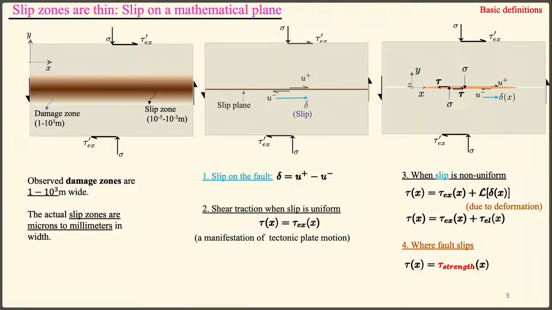But if slip happens, then we get a change in the traction from the external one to some other quantity which is slip dependent. This is purely due to deformation, and we can model this elastically. So there is a relation between the traction at the interface and the slip that happens.